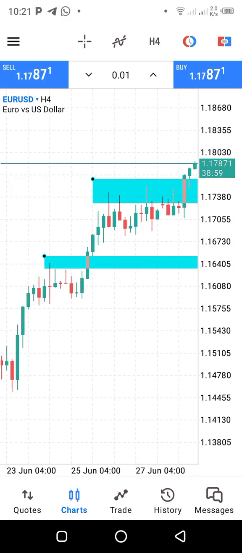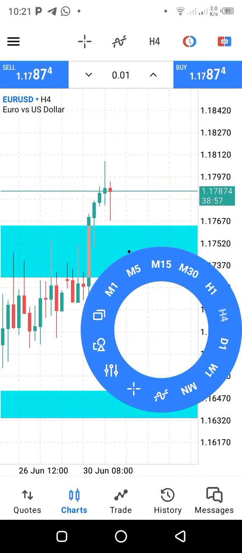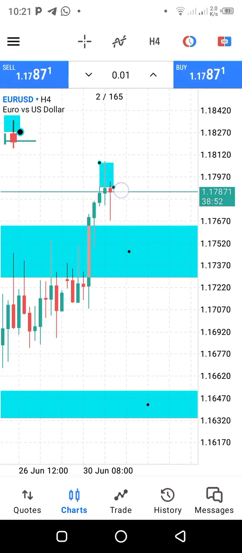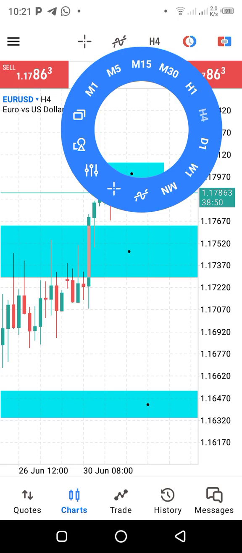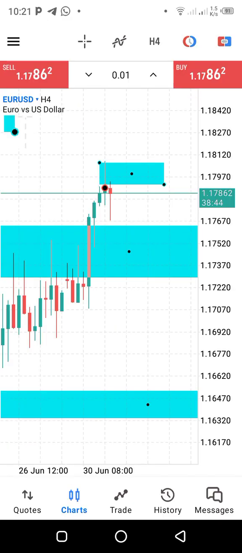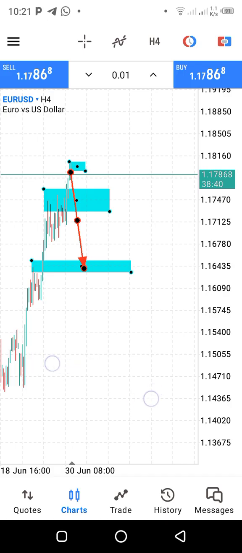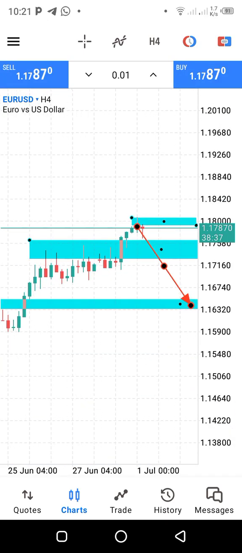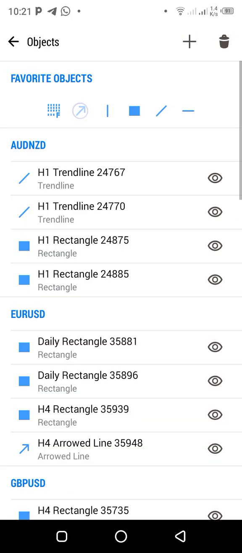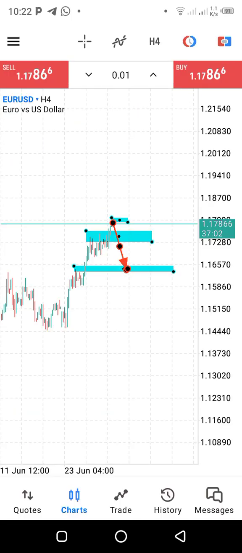Okay, so this is my trade expectation: if price fails to break this supply level around there, you can aim for a sell. We can aim for a sell towards this area around here. Okay, so after price reaches there, we can take our entries maybe for buys from that area, because we had a fair value gap there.